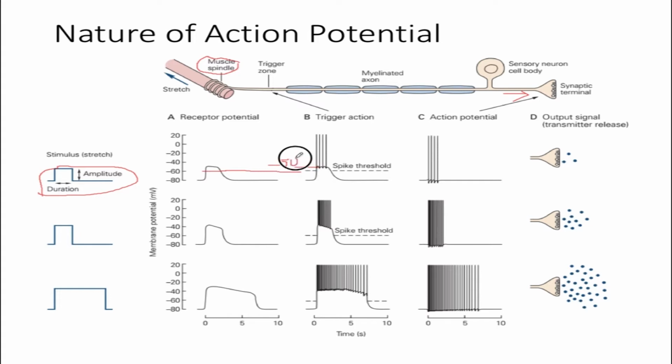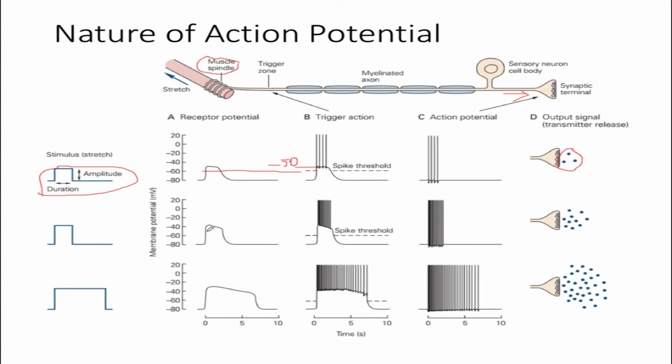This varies, but roughly it is about -50. If it is above this, then you will see that there is a spike forming, and as many times as this happens, that many spikes will form. So these spikes are formed, then the spikes travel, and at the output level this creates the neurotransmitters.